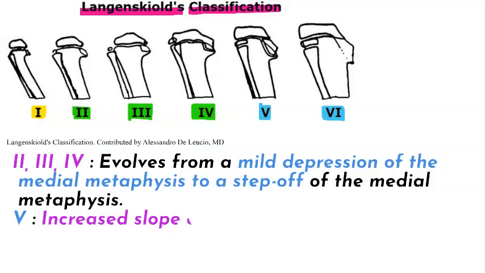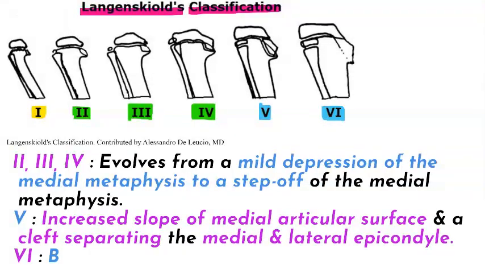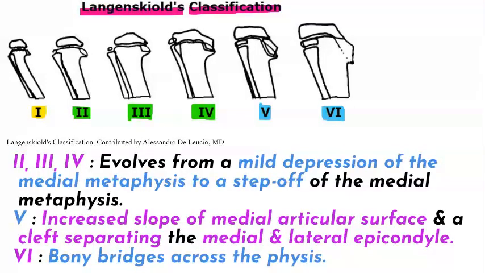Number 5, increased slope of medial articular surface and a cleft separating the medial and lateral epicondyle. And finally, 6, there are bony bridges across the physis.